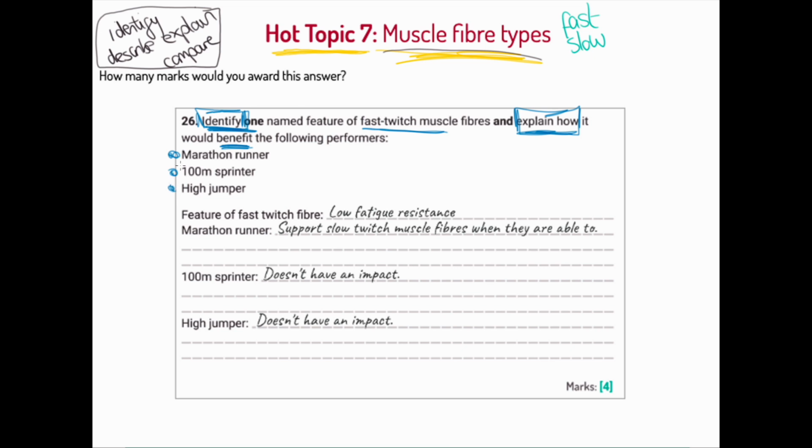So, feature of fast twitch. We have got low fatigue resistance. Going to give that a tick. Remember, fatigue resistance is if you don't get tired. So if I write fatigue resistance at the top here, we know that that's don't get tired.